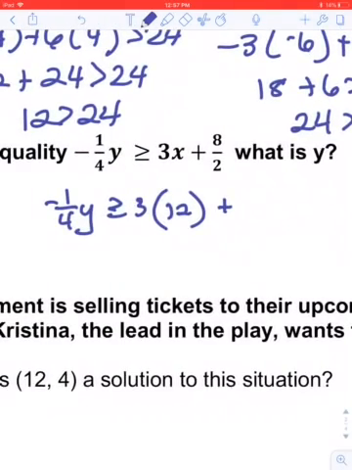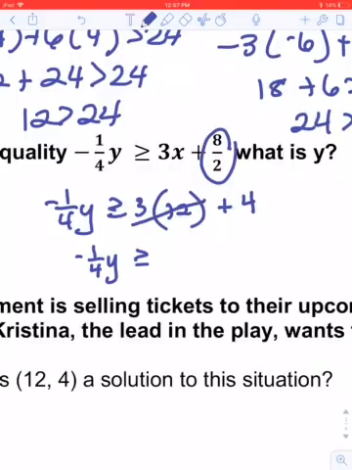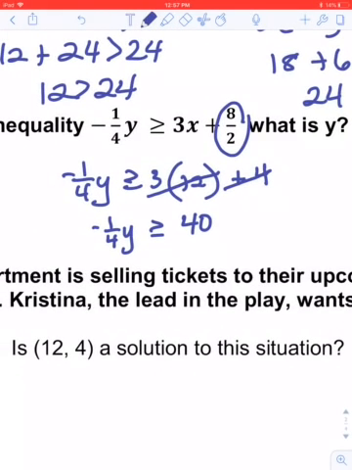Okay. Now, I will say 8/2. I don't know why they did that. 8/2 is just 4, right? I'm going to go ahead and do that. So I've got -1/4 y is greater than or equal to, well, 3 times 12 is 36, plus 4 is 40. So now I just need to solve for y, which is what they asked me to do. What is y? So I need to multiply by -4 over 1, because that's the reciprocal on both sides.